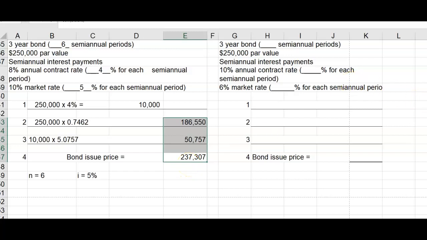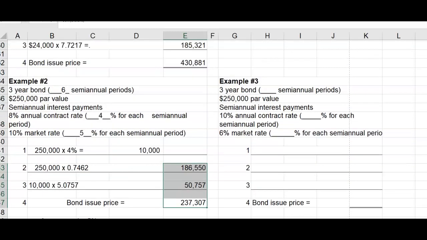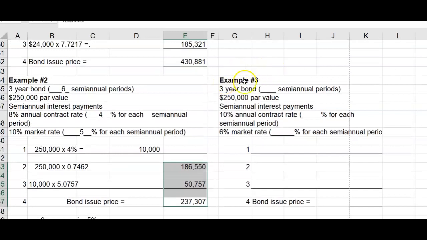Okay, I want you to pause your video and calculate the bond issue price for example number 3. You will need to use your copies of the present value tables located at the back of your textbook in Appendix B. When you've finished your calculation, come back and check your work.